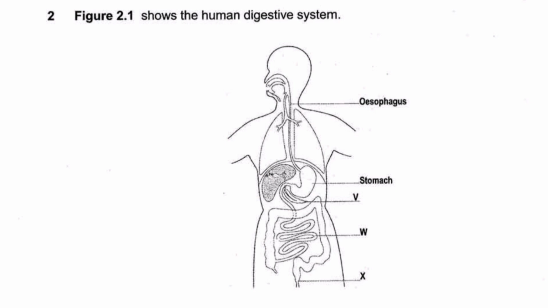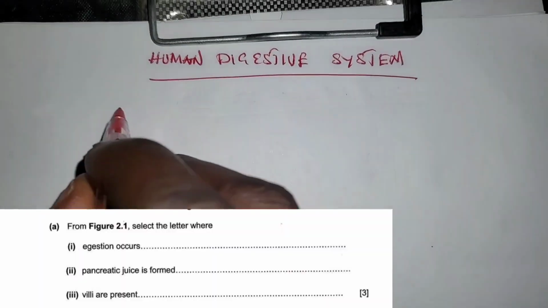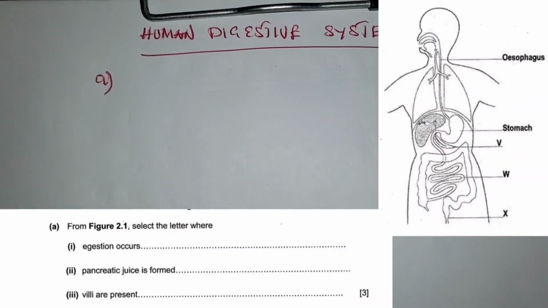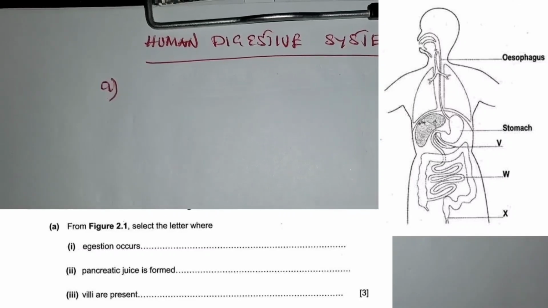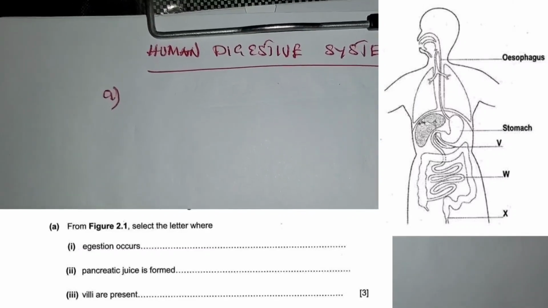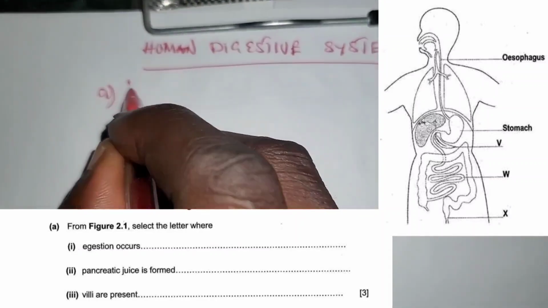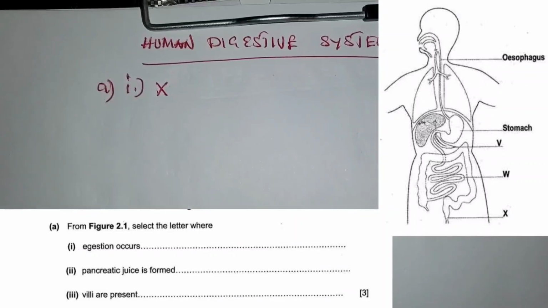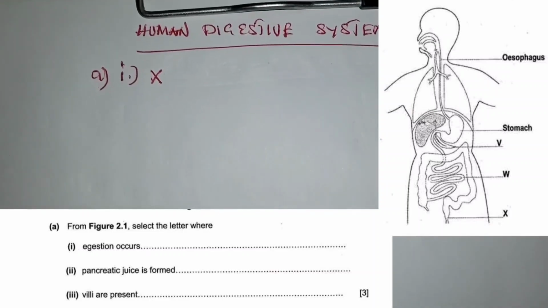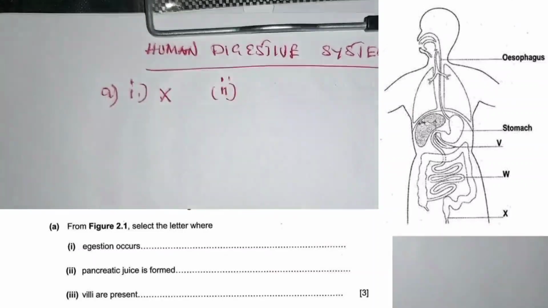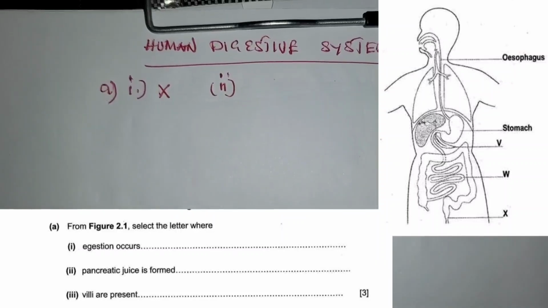Now let's look at the question. Question A, from figure 2.1, select the letter where egestion occurs. Egestion occurs at X. Number 2, select the letter where pancreatic juice is formed.